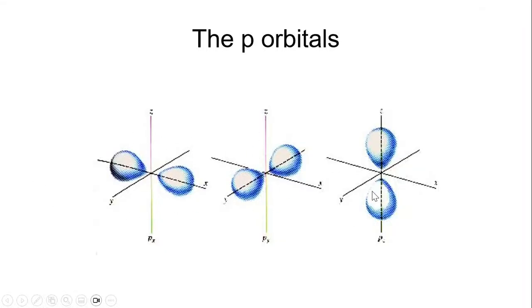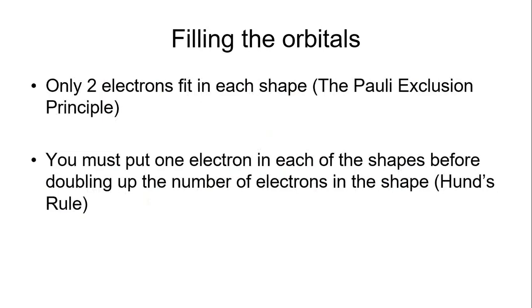Next one in here could be 2, and finally this one be 2, so it's completely full. So we add 1 to each level within a particular shape orbital before we start doubling up. That's called Hund's rule. Okay, let's do this. Also, this adding according to the energy levels is called the Aufbau principle.